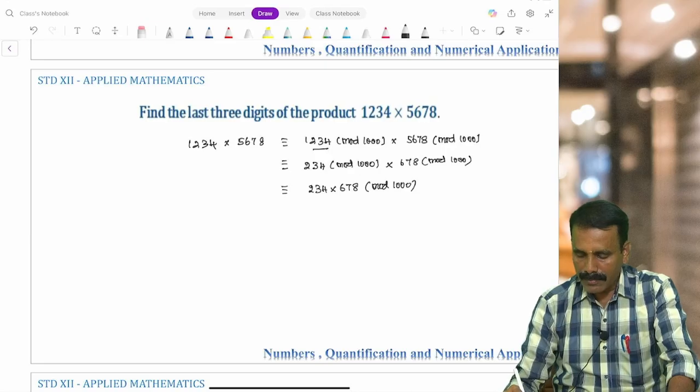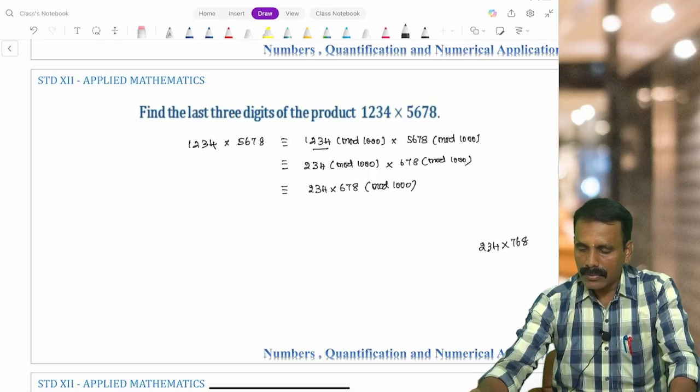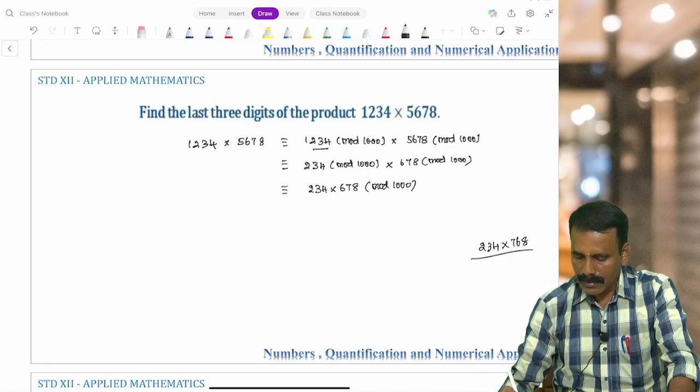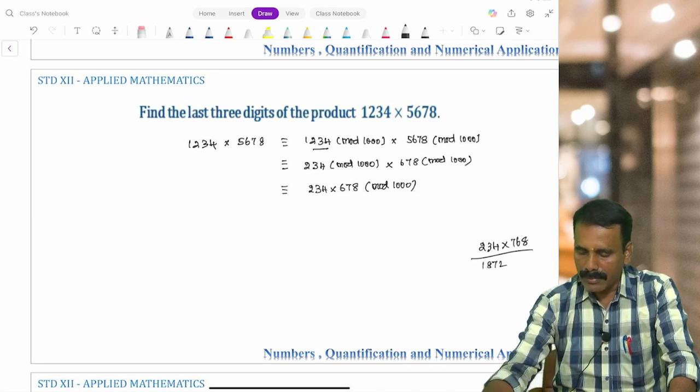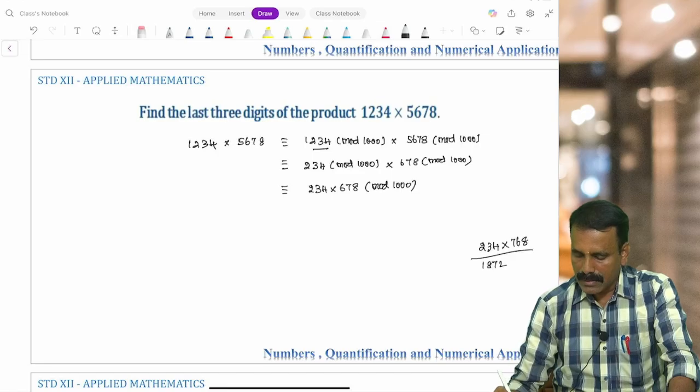Now we are going to multiply 234 with 678. 234 multiplied with 8 is 1872. 234 multiplied with 6 is going to be 1404.